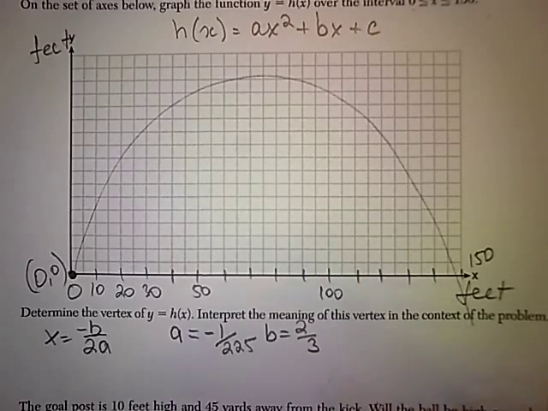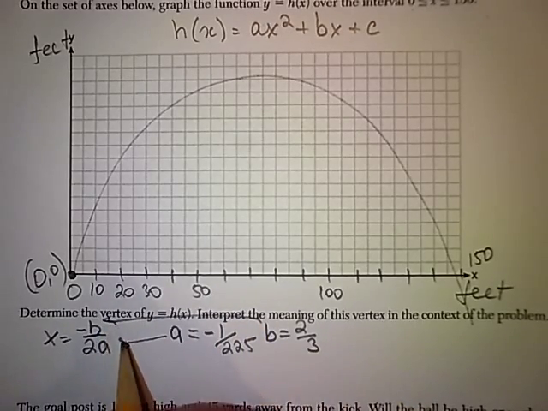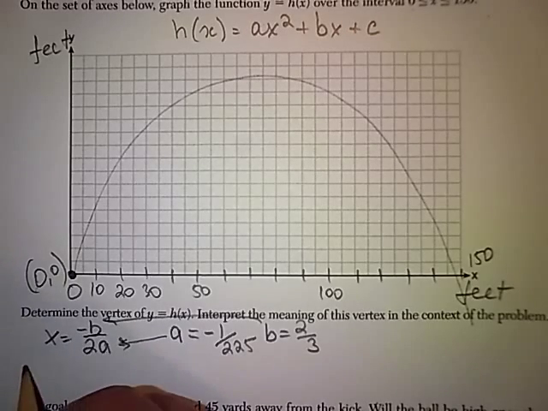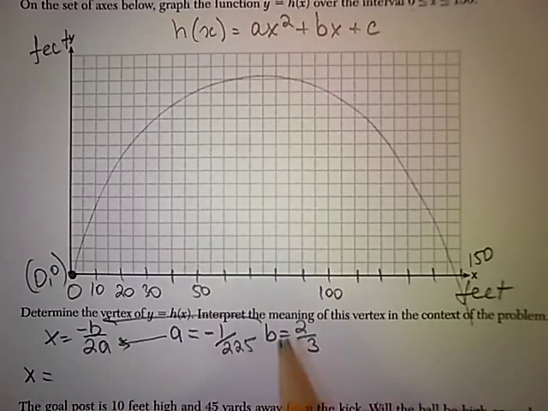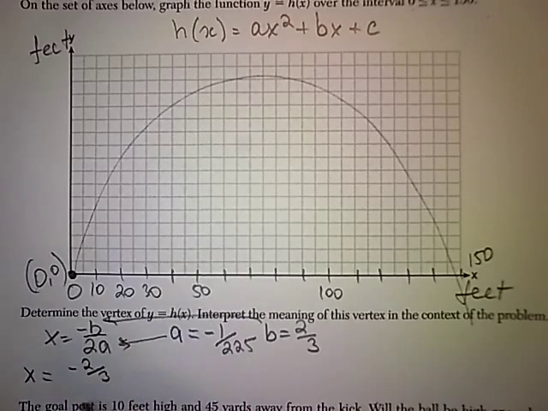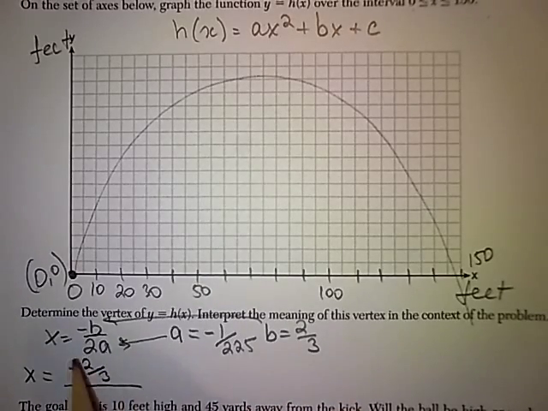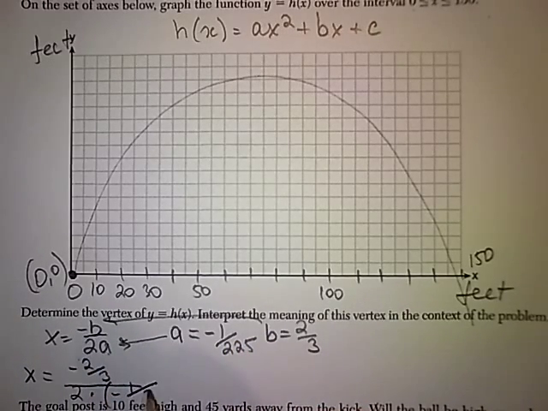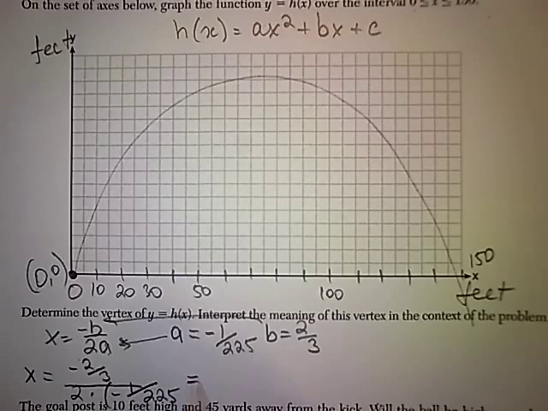And then let's plug them into the formula. x equals negative b, negative 2 over 3, over 2 times a, 2 times negative 1 over 225. It looks kind of messy, but don't worry, we'll get through it.